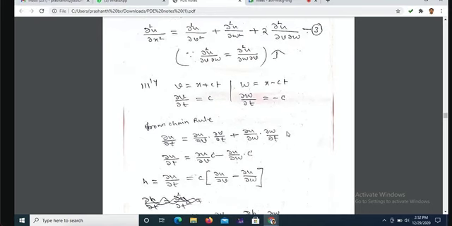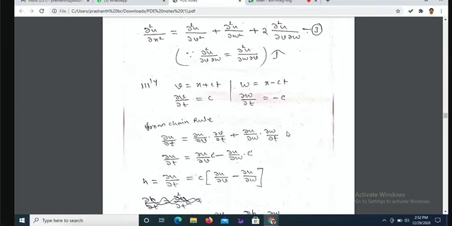Now again, I will take the v value, already we have x plus ct. w is x minus ct. If you differentiate with respect to t, earlier we differentiated with respect to x, now we are differentiating with respect to t. So ∂v/∂t, that is x with respect to t means constant, c. ∂w/∂t means minus c.